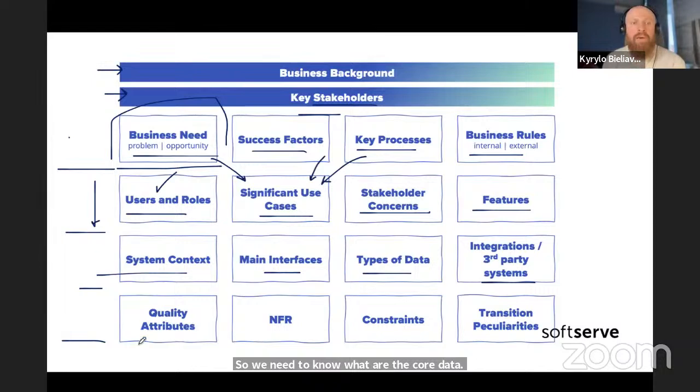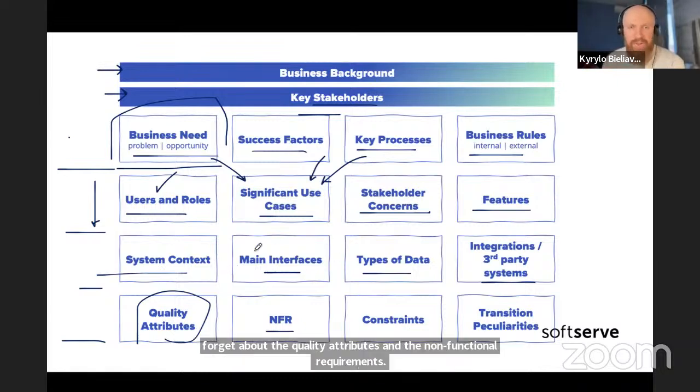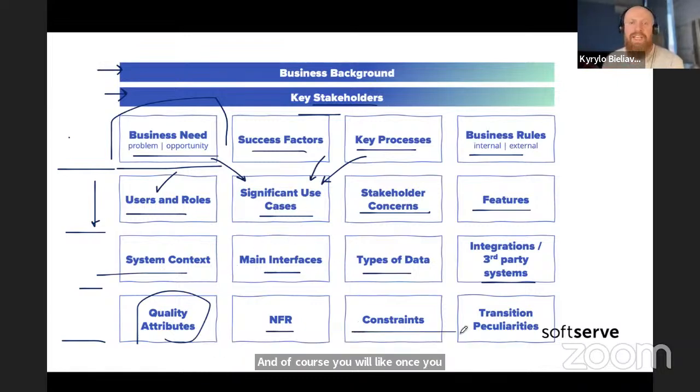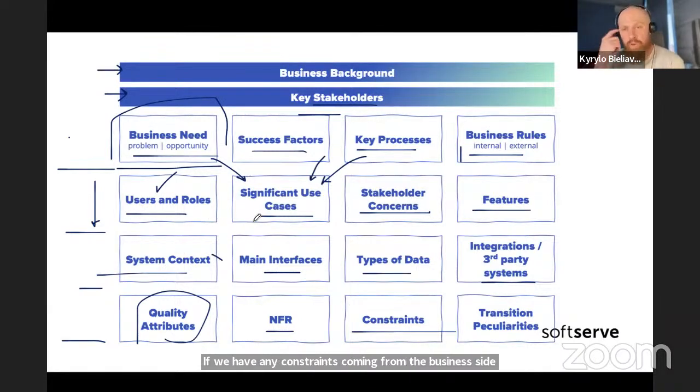And then don't forget about the quality attributes and the non-functional requirements. Once you get through all that, you will understand if we have any constraints coming from the business side, the system side, or the user side.